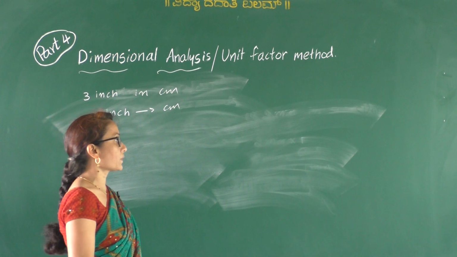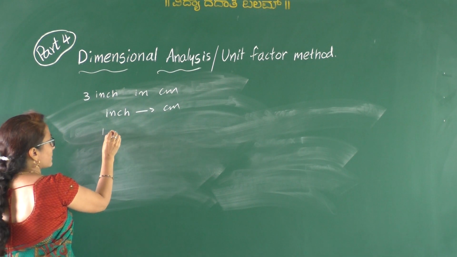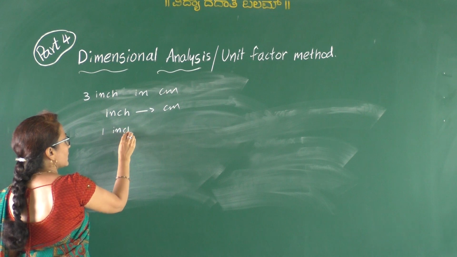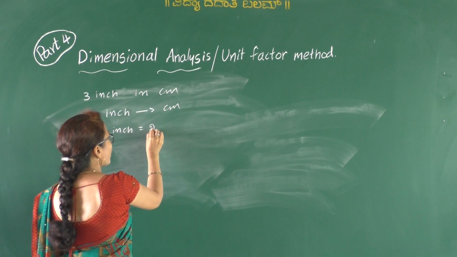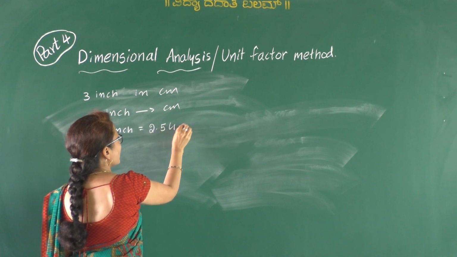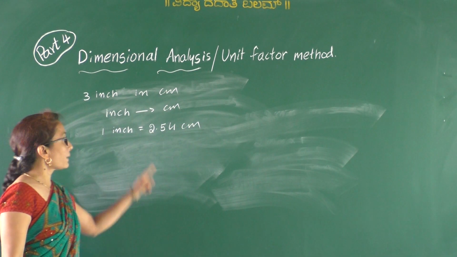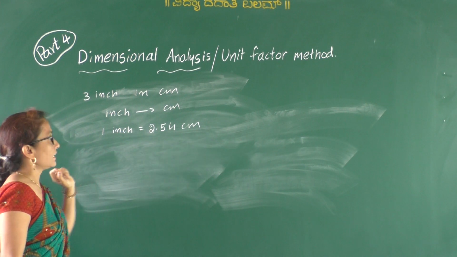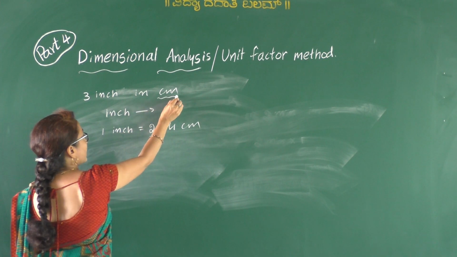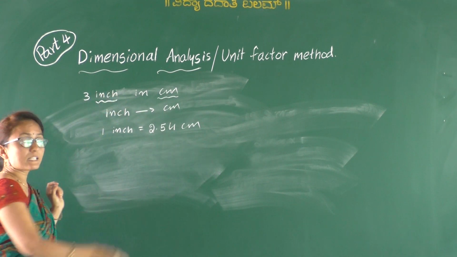That is very important, so you should always remember that 1 inch is equal to 2.54 centimeter. By this conversion we can write the unit factor. The desired unit is centimeter and the unit to be converted is inch.